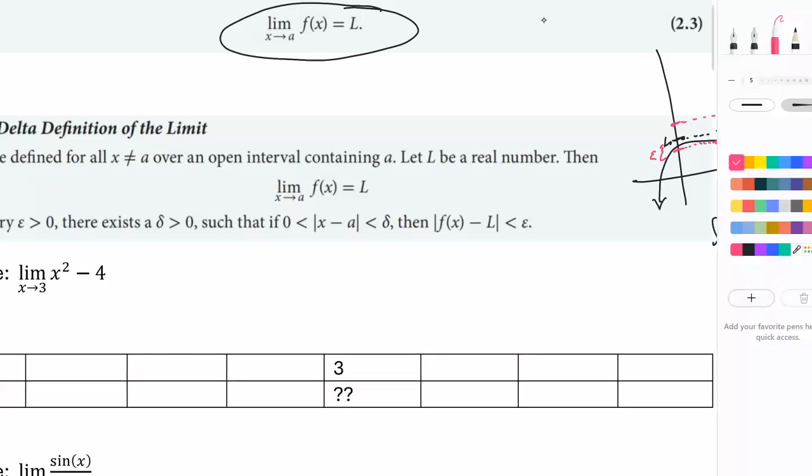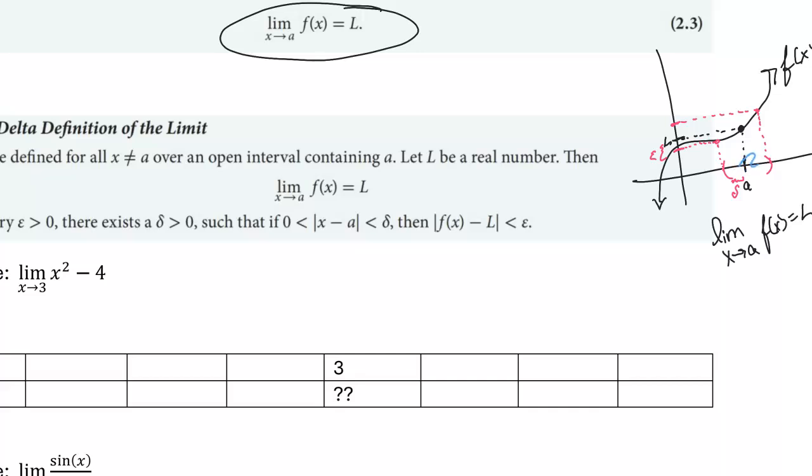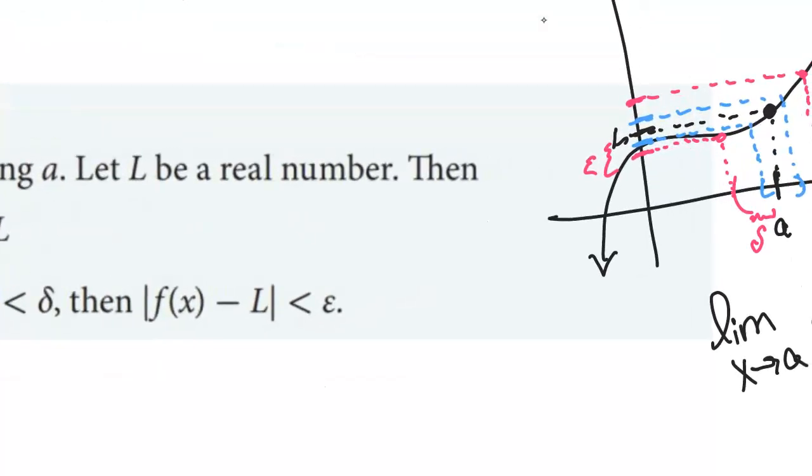And as I make that interval smaller and smaller, so I make that delta value smaller and smaller, we're squeezing in on that x value. And what's going to happen is we're going to squeeze in or zoom in along that y value also. So you can see how that blue interval is much smaller than that red interval.